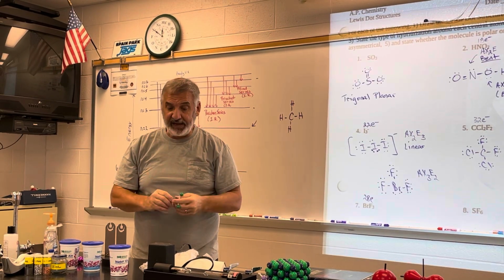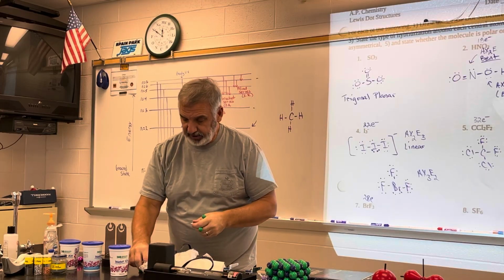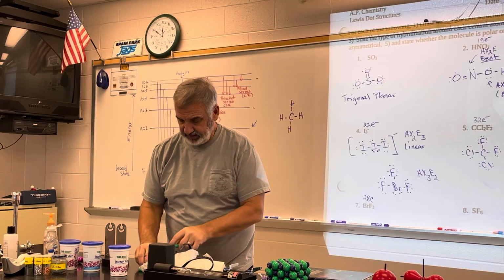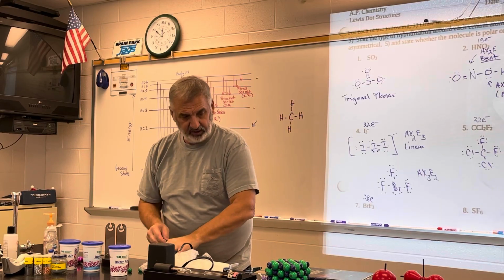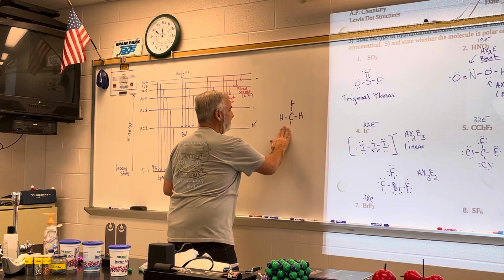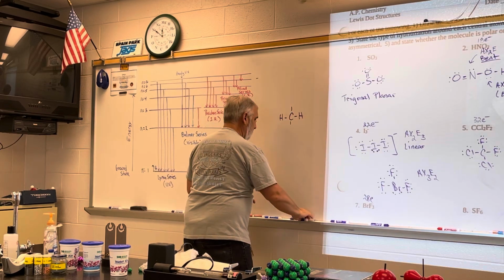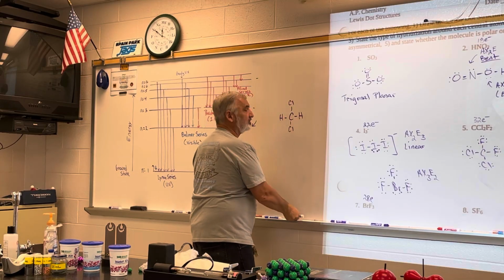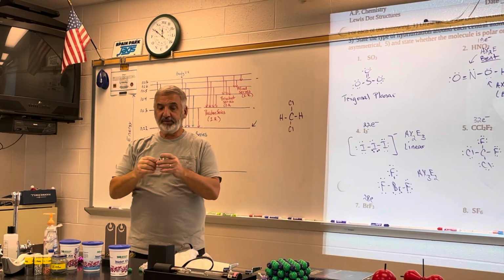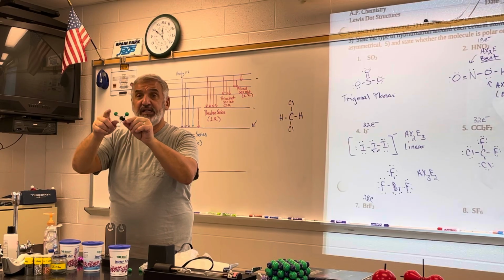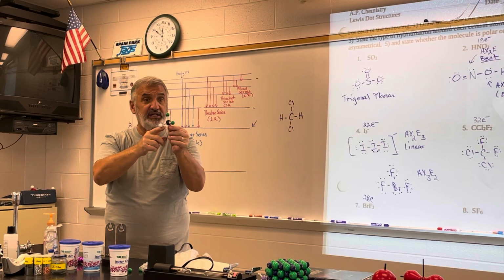So if I change this and put two hydrogens on here, I can draw it like this. Well, that looks very symmetrical now. But the reality is, it's not symmetrical, because chlorine has a much greater attraction for electrons than hydrogen does.